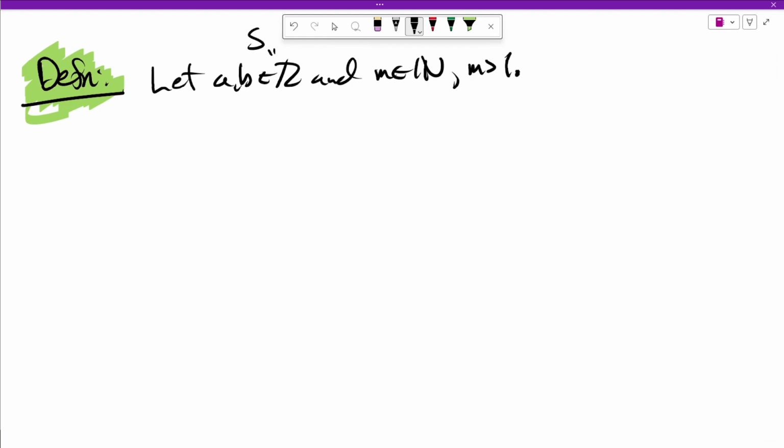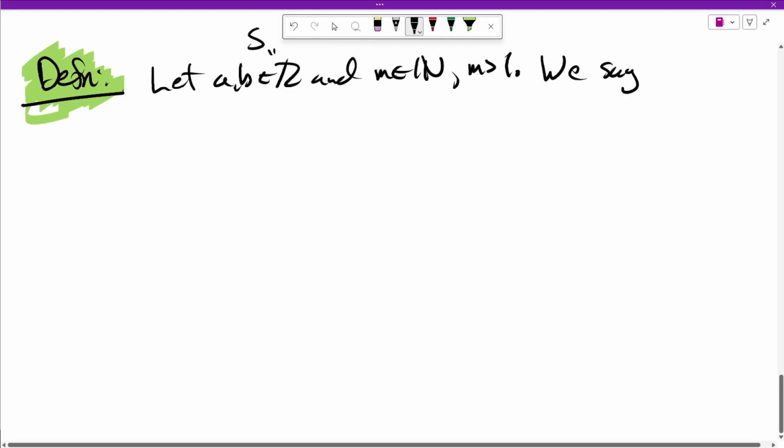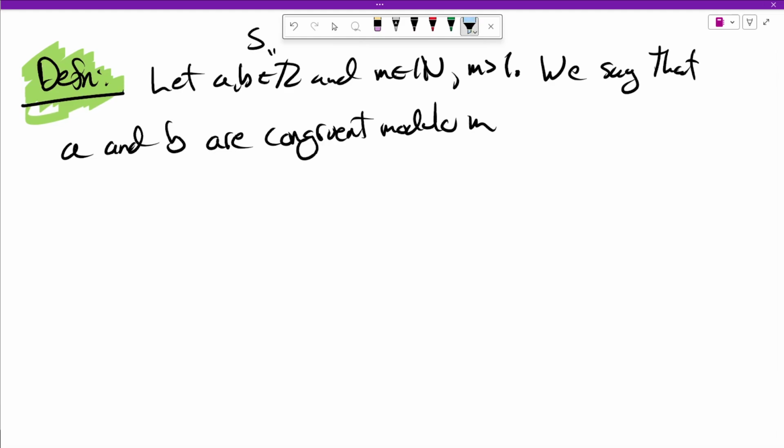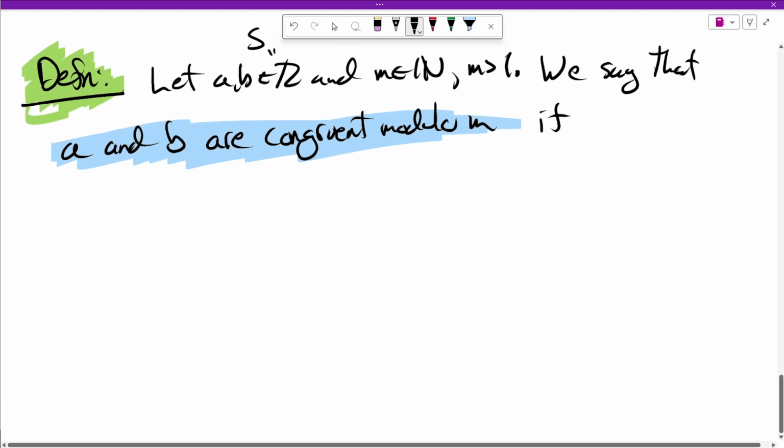We want to say what it means for A and B to be related in this relation, and this relation is called congruence modulo M. So we say that A and B are congruent modulo M. This is what we're defining here, this notion of congruence modulo this natural number M that we're fixing at the outset, if M divides A minus B. And we write any number of things.